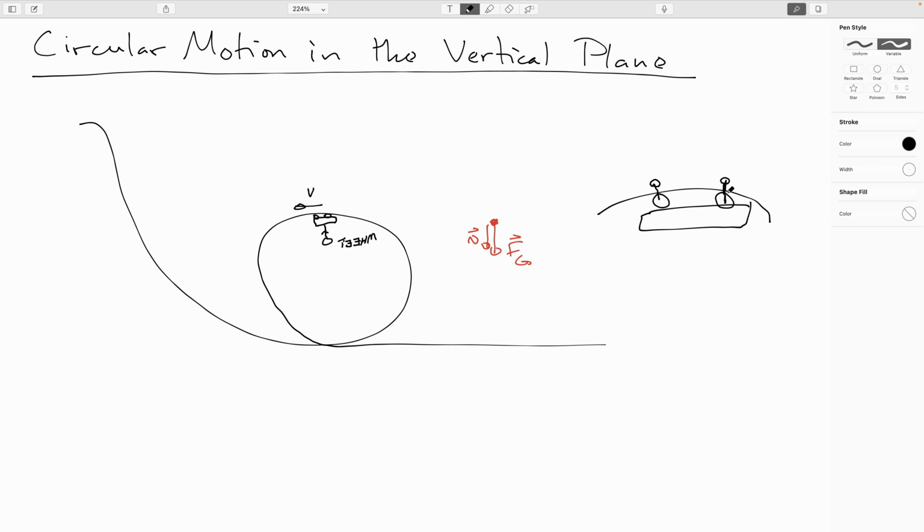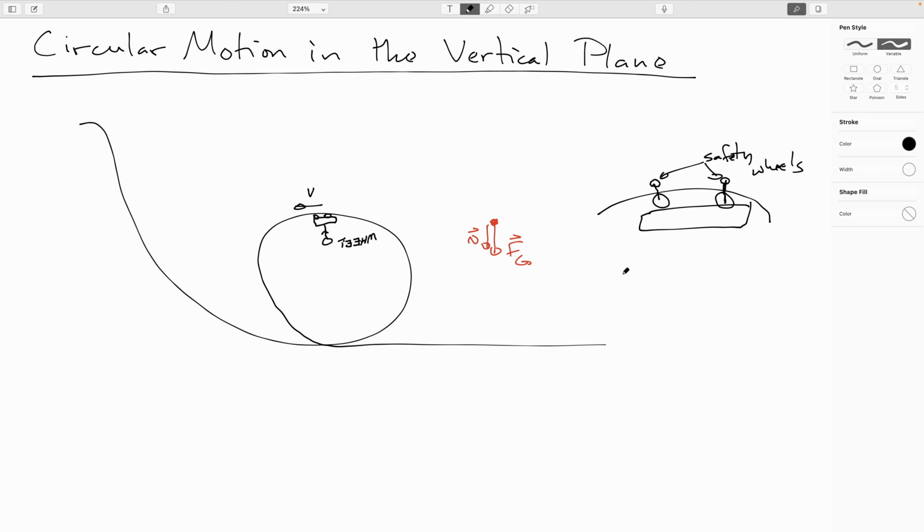But of course, when you engineer the roller coaster, you don't ever want to have to use these safety wheels here. And so in normal operation, the normal force will only ever be pointed down at the very tippy top of the roller coaster.